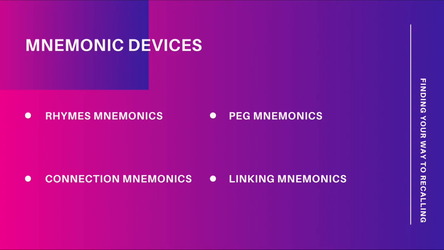So in the case of a connection, if you're trying to memorize a paragraph, you can see what this paragraph can be connected to in terms of other information that you already memorized. And you can leverage this connection to memorize the other bits of information you're trying to remember.